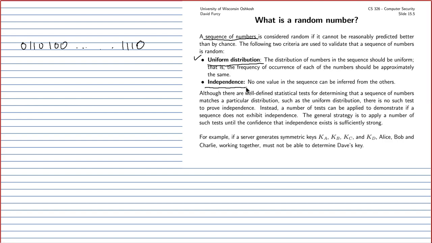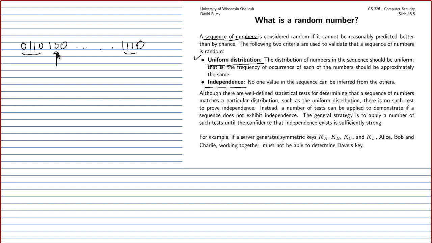And so we say that a sequence of numbers is independent if no value in the sequence can be inferred based on knowledge of any other part of the sequence. So for example, if knowing this initial part of the sequence and these couple bits over here allowed you to predict for sure what this bit would be, then these values would not be independent.